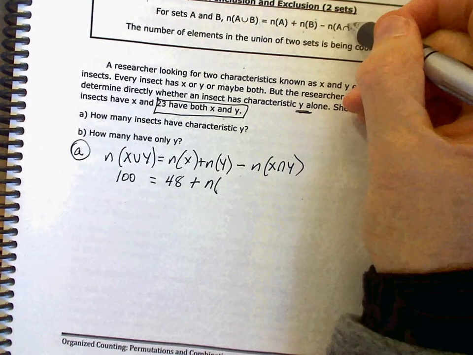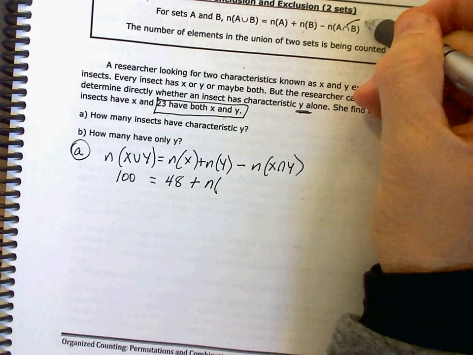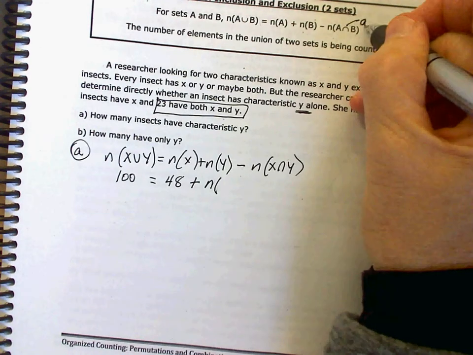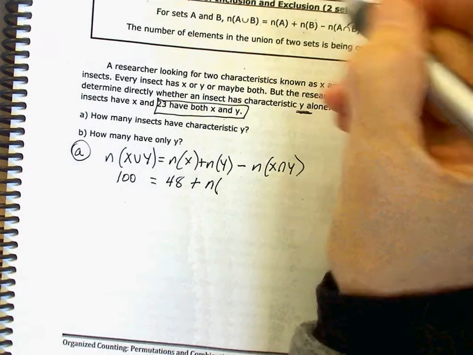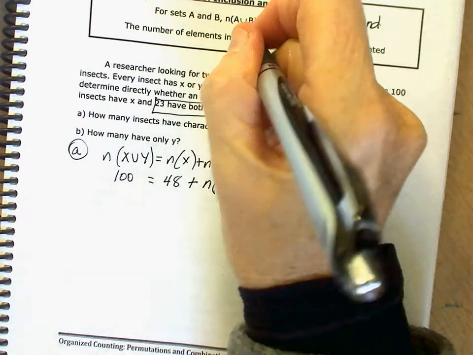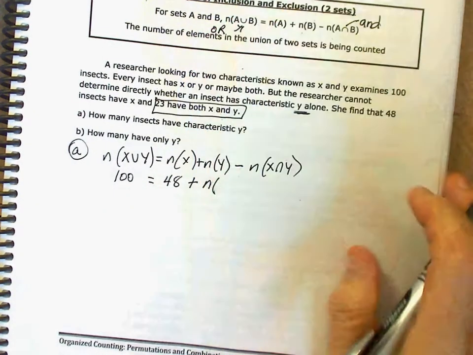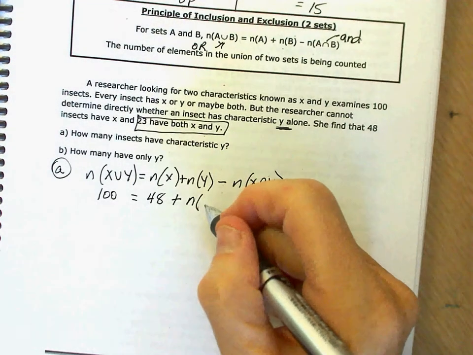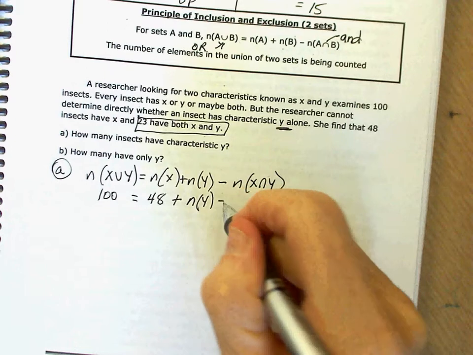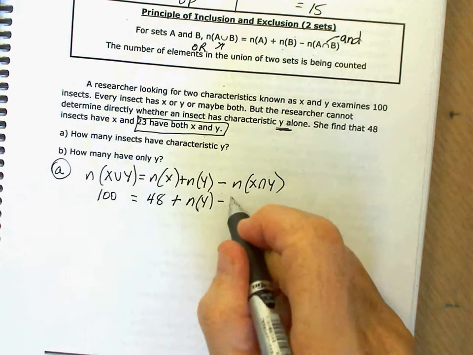And we don't know the number in Y alone, but we do have 23 that have both X and Y. Remember, 99% of the time, if you have a problem-solving question, it'll say "and" for intersection, and for union it will say "or". Plus the number in Y. We don't know that, we have to calculate that. But we do have an intersection of 23.